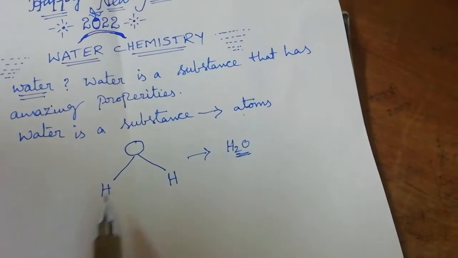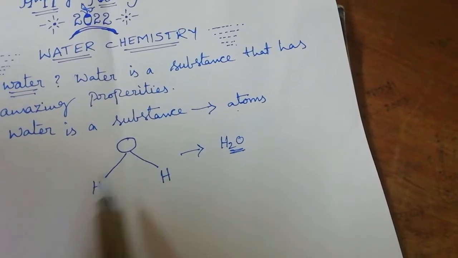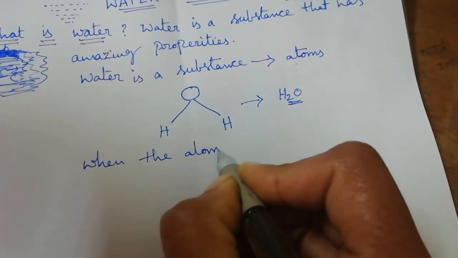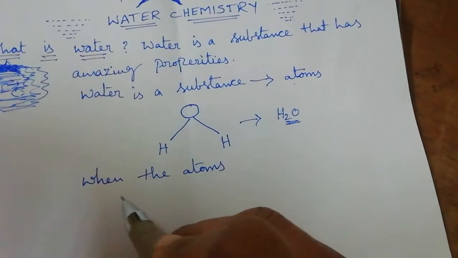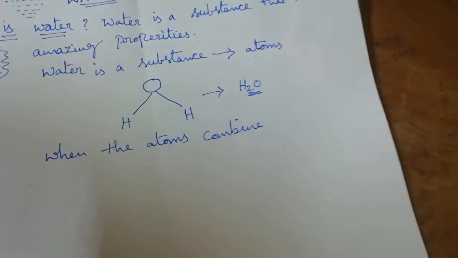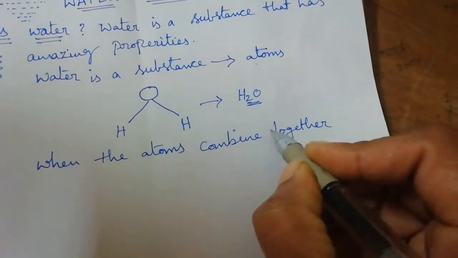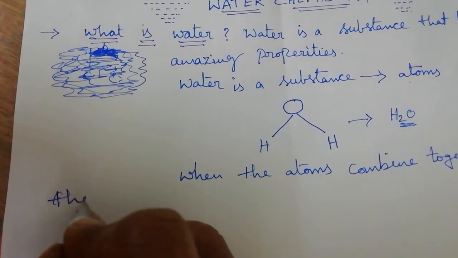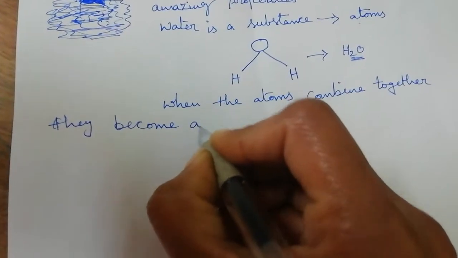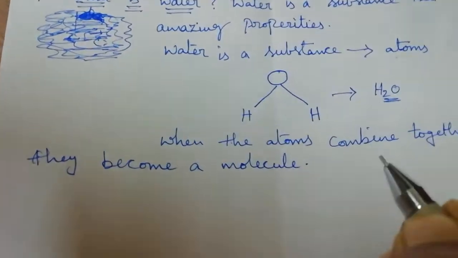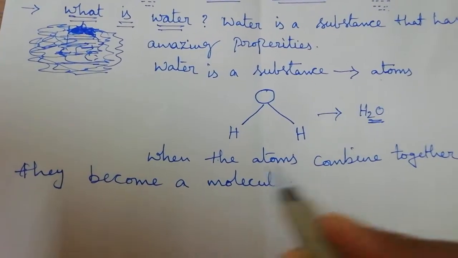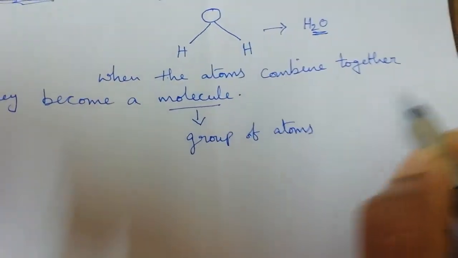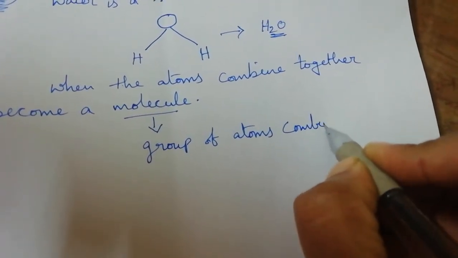When the atoms combine together, they become a molecule, which is a group of atoms connected together. So what are the atoms here? Two hydrogen and one oxygen. Molecule means a group of atoms combined together.